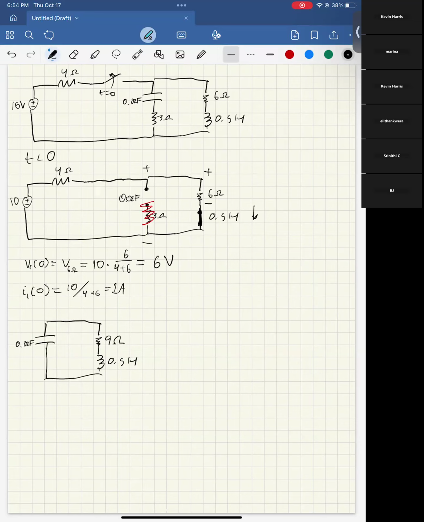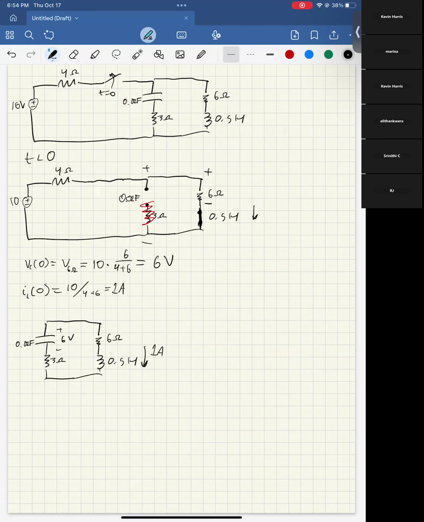I'll not do it, because we know the voltage across here, and it won't be accurate if I move those resistors together. So this is 6 volts, and this is going to be 1 amp at time equals 0, of course.